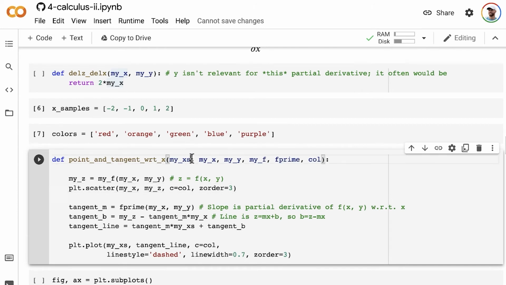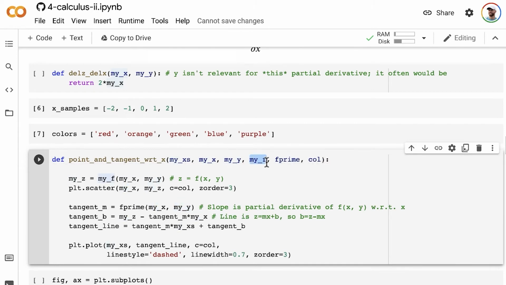So we pass in our entire curve, our x's, our range of x values, which in this case is -3 up to 3, those 1,000 points. We pass in our specific x value of interest, so that could be -2. We pass in our y value, which for the moment we're fixing at 0.